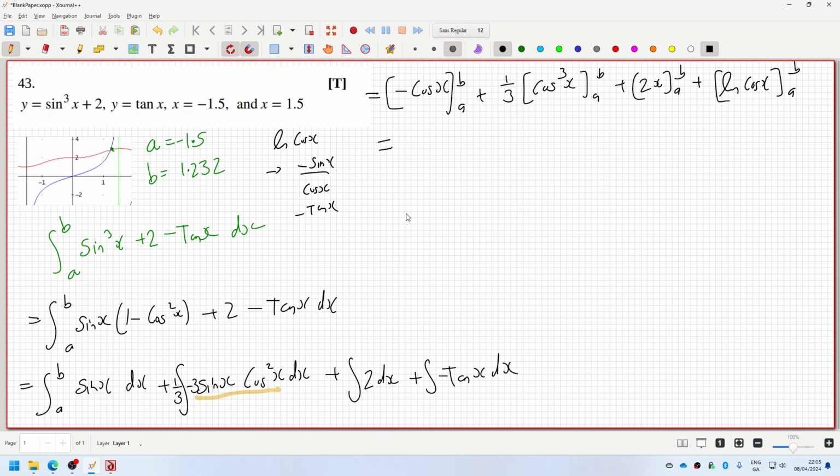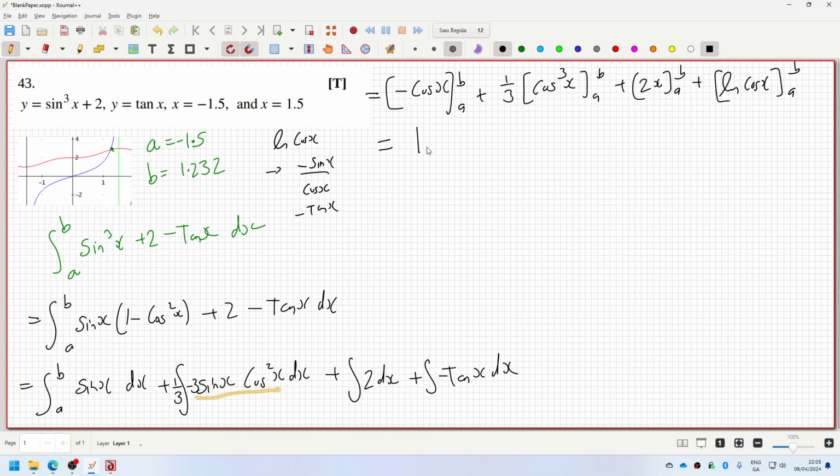So let's put the b in first, which is 1.232. Okay. So that is, and then minus cos that value plus 1/3 cos that value plus 2 times that plus log cos that value.